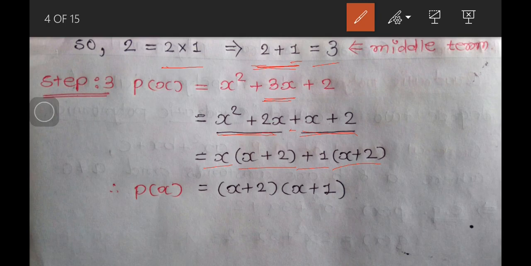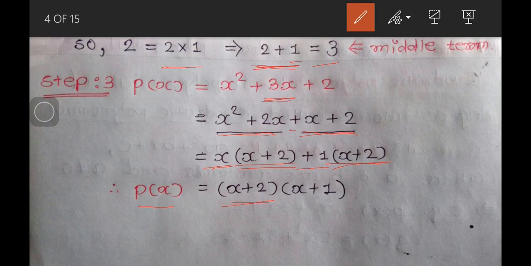Now you can see that in the first term and the second term we find a common bracket, x plus 2. So we again extract x plus 2 from both groups. So we get a factor of p of x as x plus 2, and in another bracket, as we did in the previous lecture, the remaining part we put in another bracket.